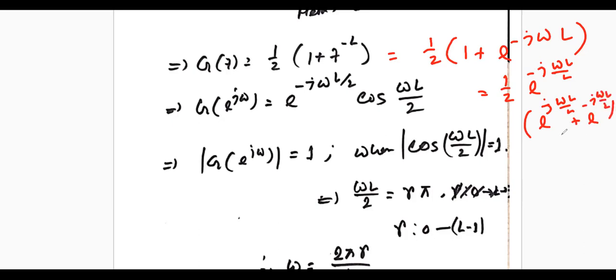This is nothing but the cosine, equal to twice cos omega L divided by 2. The 2 and the half cancel each other, so at the end you can find this equation.